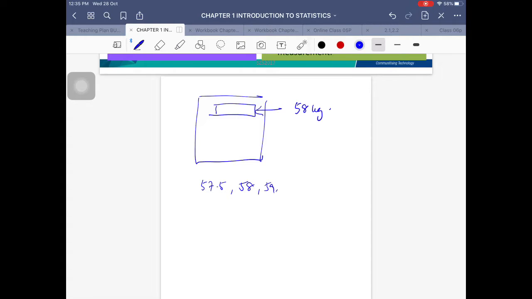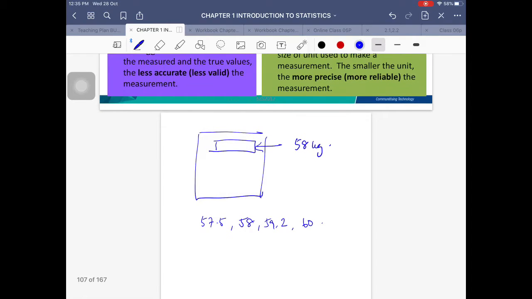So what I do is I weigh myself repeatedly. Let's say the first time I weigh myself, I'm 57.8, then 58, then 59.2, and then 60 and so on. It's going to be called accurate if it's close to the true value, because I already know that the true value is 58.